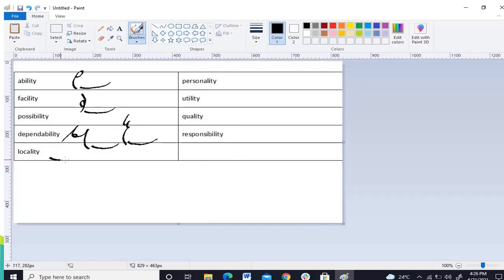Next, locality. Let's repeat, that was not good. So, locality. Next, we have personality. So we have "person", our person, and then personality. Next, utility. So we have the U sound, the EU, and then T, and then "lity".